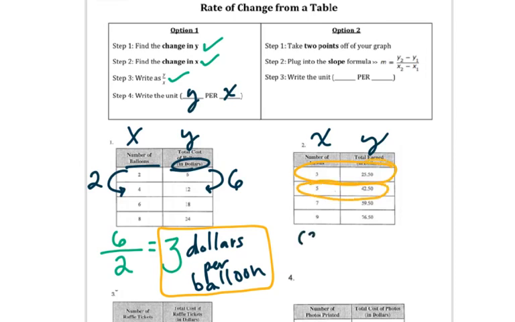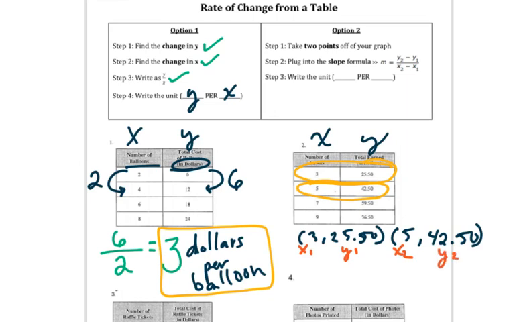So the first one is 3, 25.50. The next one is 5, 42.50. Okay? So now I have an x1, a y1, an x2, and a y2.